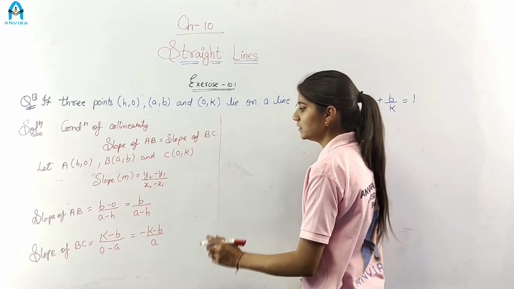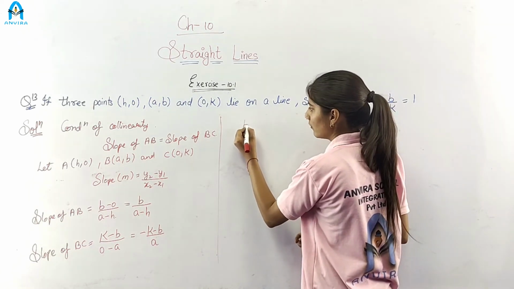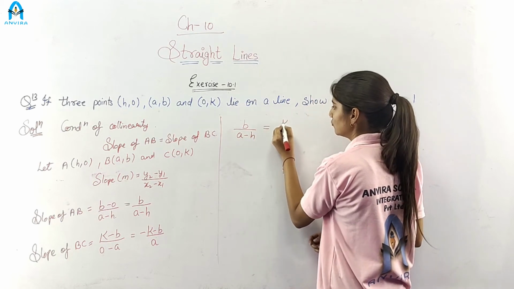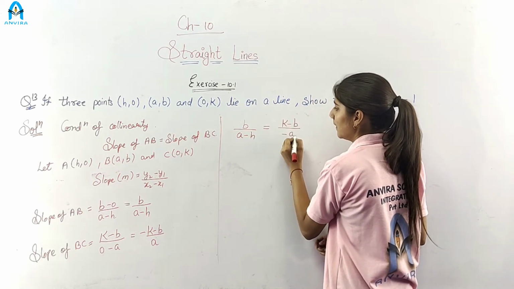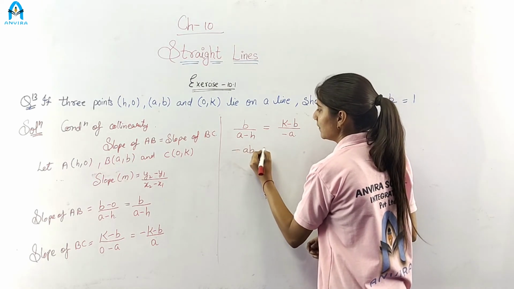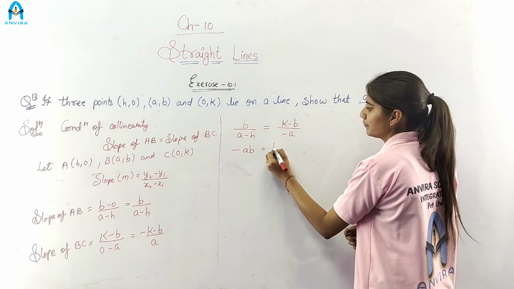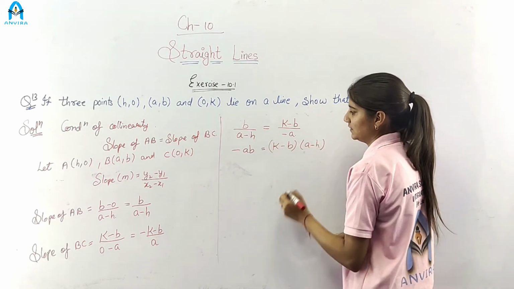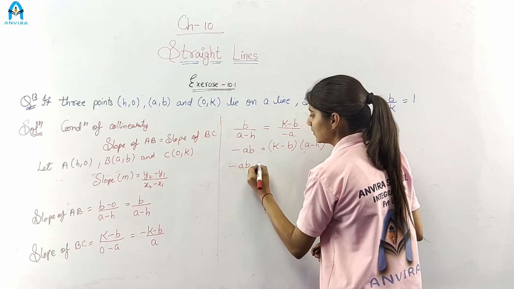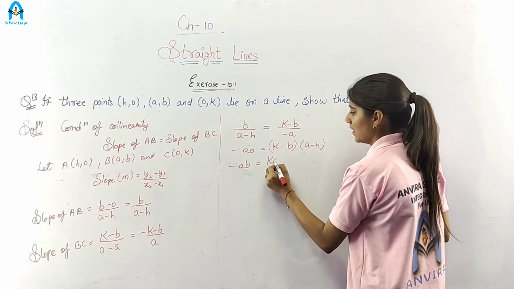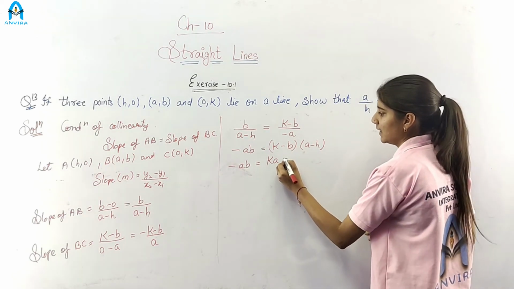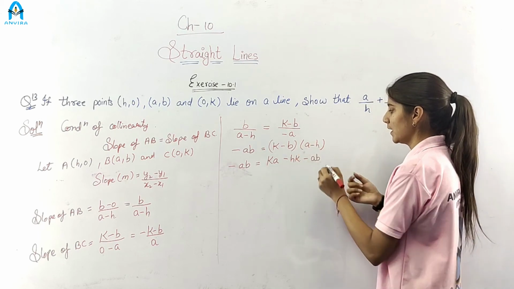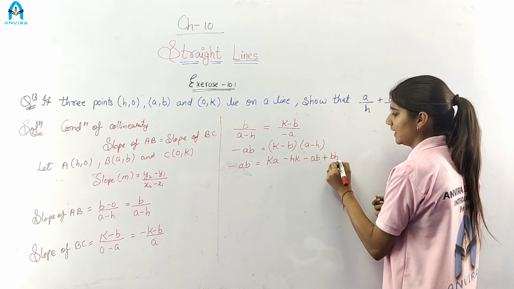So equating both the values of slope, we get b upon a minus h is equal to k minus b upon minus a. So minus ab is equal to k minus b into a minus h, that is equal to minus ka minus hk minus ab plus bh.